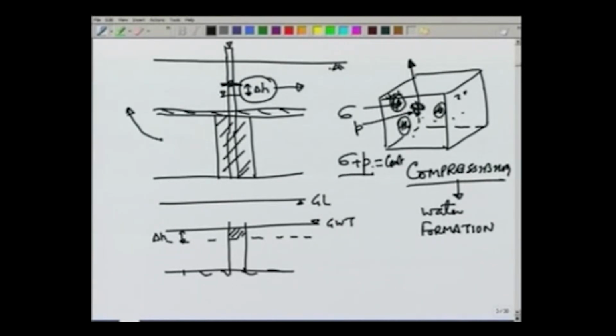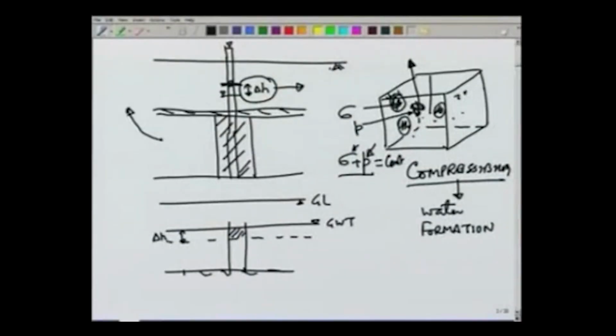So, by lowering the piezometric head, we are lowering P and therefore, sigma will increase, and due to this the aquifer or the formation will be compressed because of this increase in stress, and that compression will lead to further release of water from this element. So, we will look at how to derive these terms which represent release of water due to matrix compressibility or the formation compressibility, and release of water due to water compressibility.